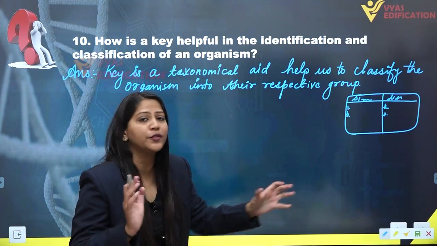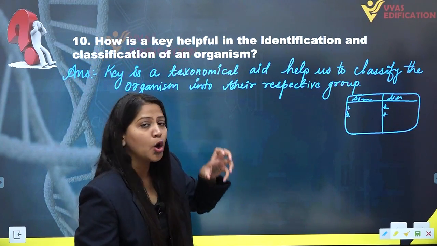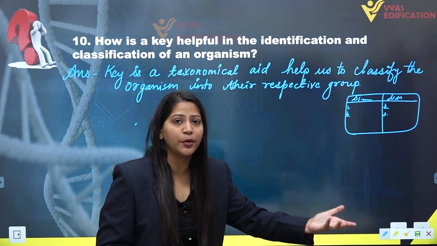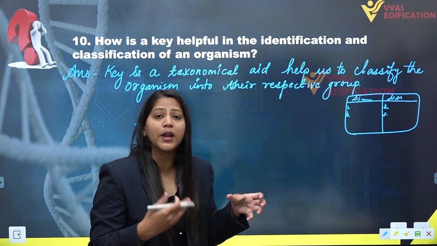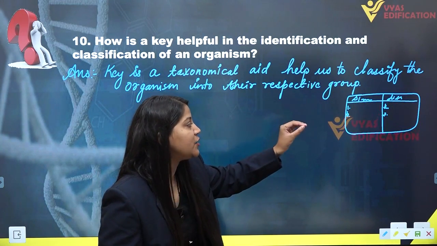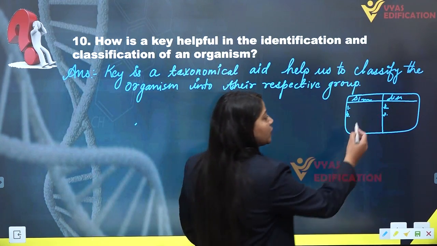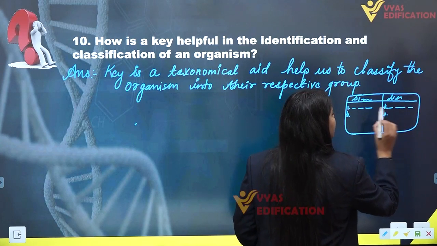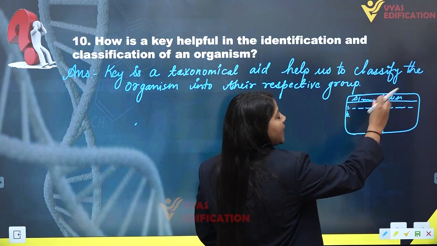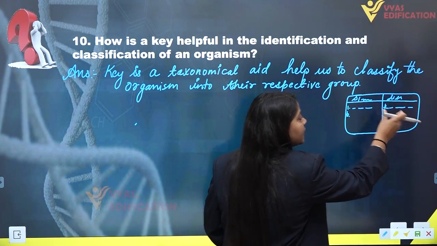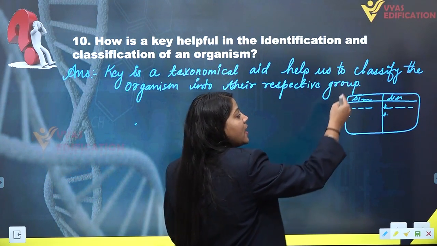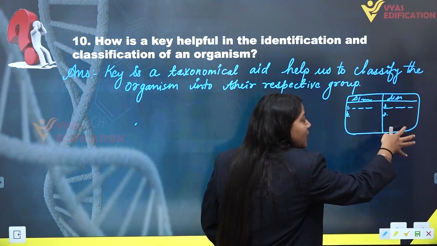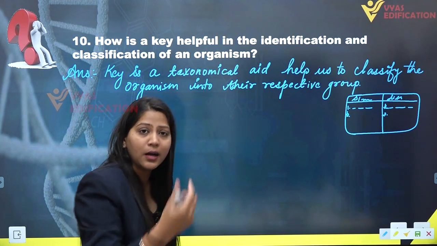We have a lot of statements parallelly in the column of similarities and in the column of dissimilarities, and this pair of statements is known as a couplet. If statement 1 is given in similarities and statement 1 is given in dissimilarities, both are a couplet.